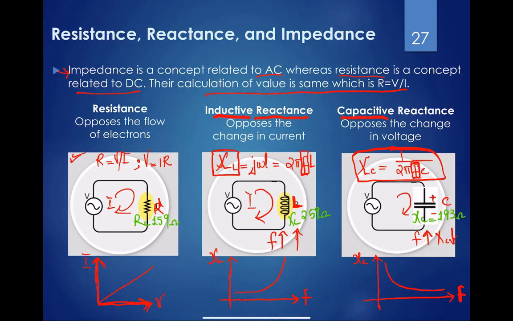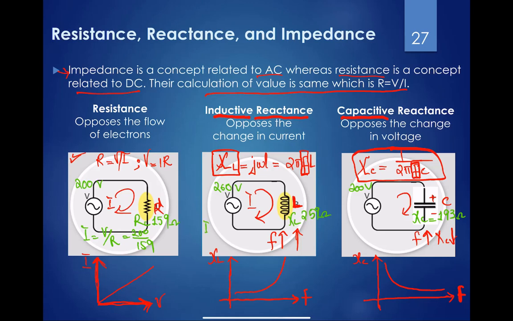I can find the current using this equation, I equals V over R. Say V is 200 volts in all three cases. You plug in the numbers and you should be able to find the current.